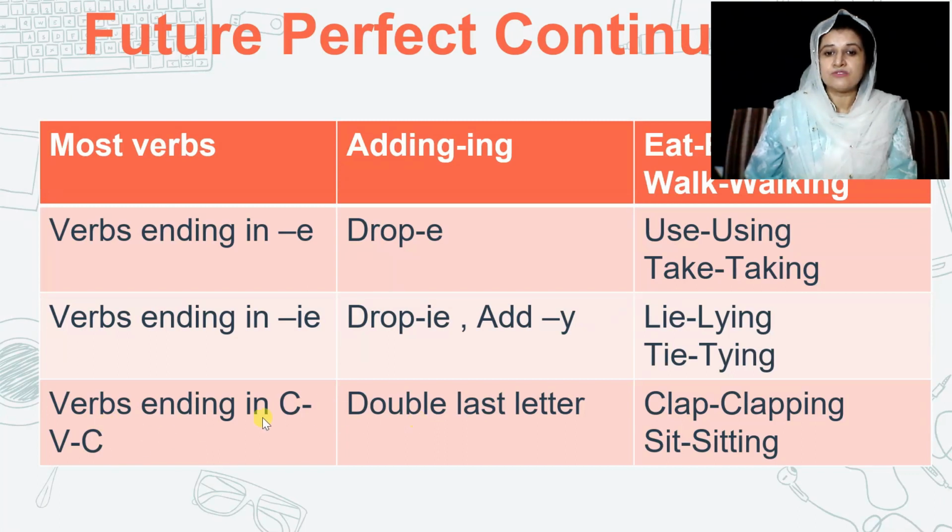So in that case what we do, we just double the last letter. Here you can see clap, it is ending with consonant vowel and consonant sound. And what we are doing here, we have written p, the last letter, twice, and after that we added ing. So clap into clapping, sit into sitting, right?